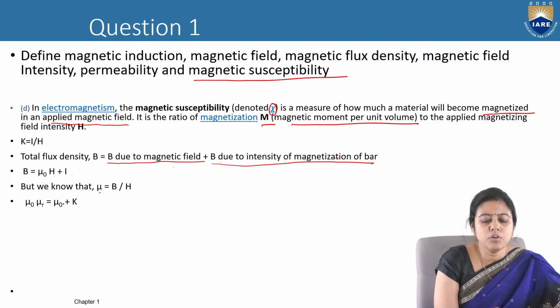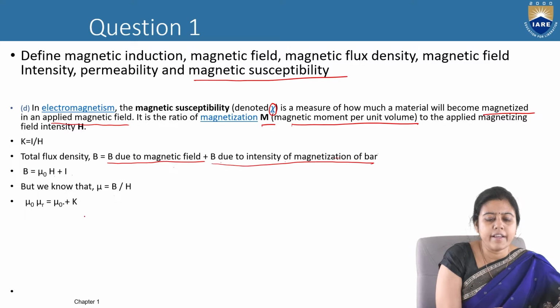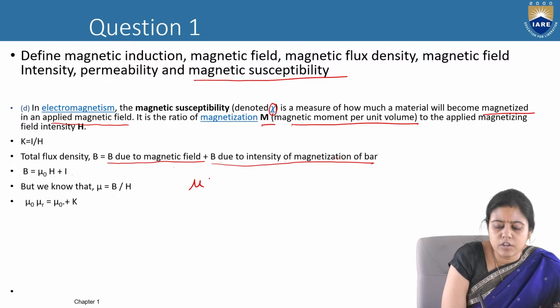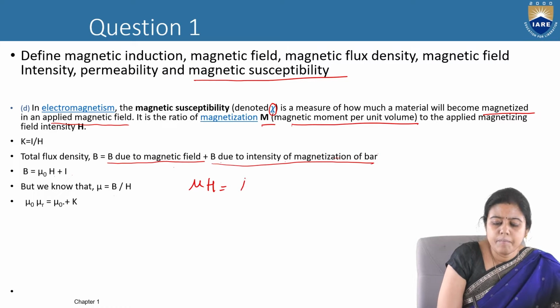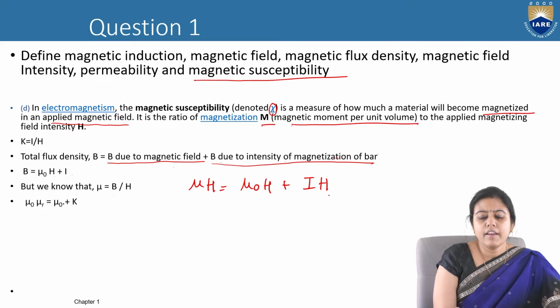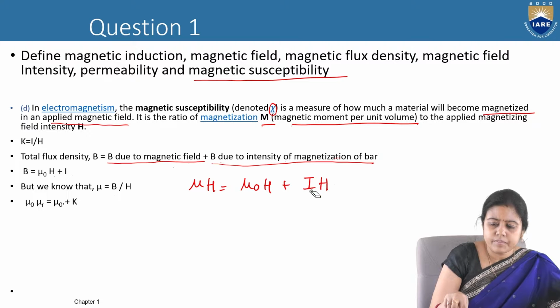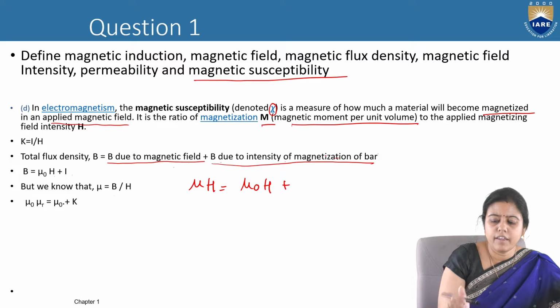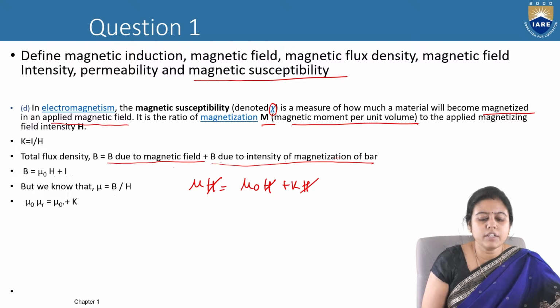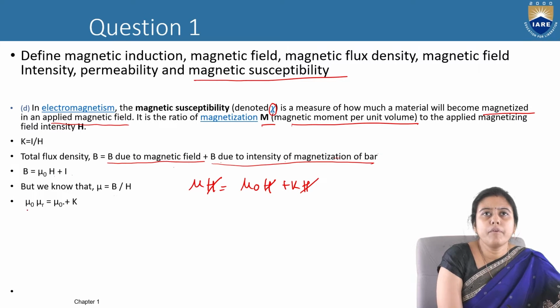So B is equal to mu naught mu r H plus mu naught H, and I is equal to K into H. So we can write B is equal to mu H plus mu naught H, where I is equal to K into H. Now if we cancel the H totally, we will get mu is equal to mu naught into K. And what is mu? Mu naught mu r is equal to mu naught plus K.